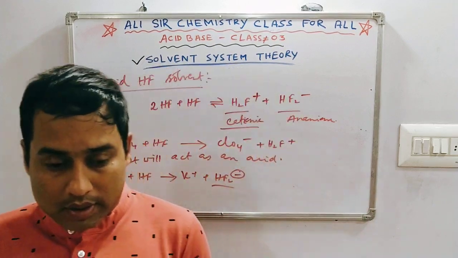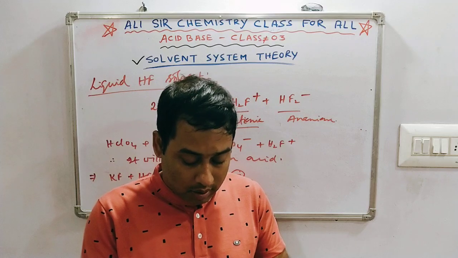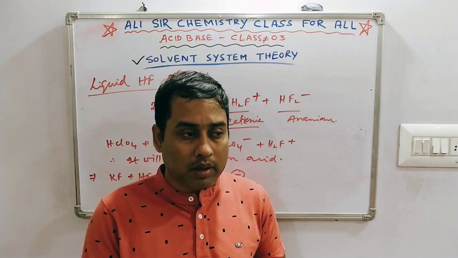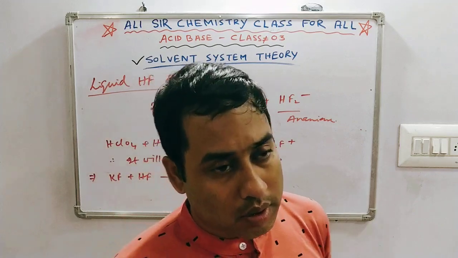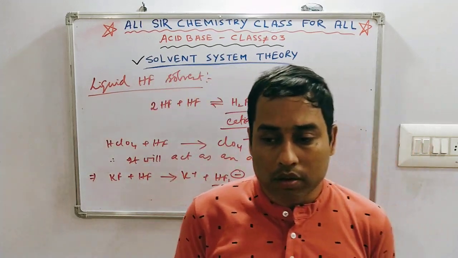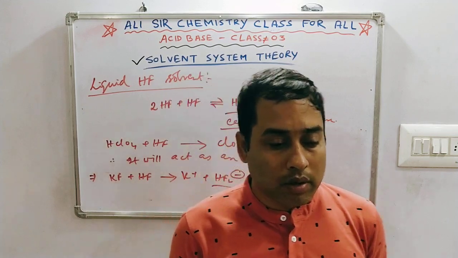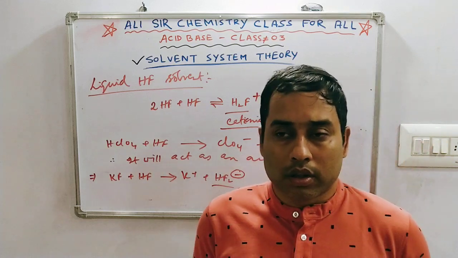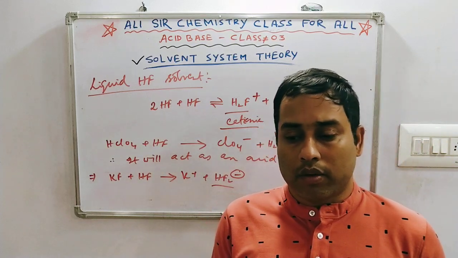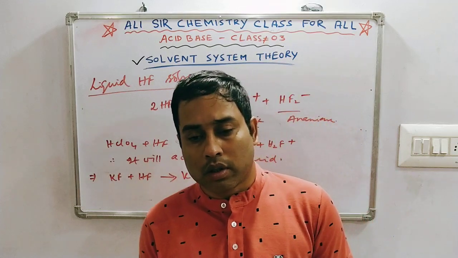This is a very interesting theory of acids and bases. You may take different types of solvent, auto-ionize it, and take any compound and ionize it. If it increases the cationic part of the solvent, that will be an acid, and if it increases the anionic part of the solvent, that will be a base.